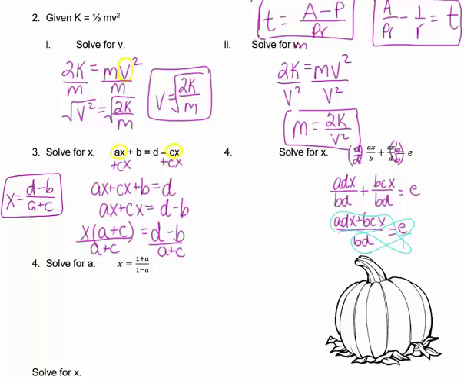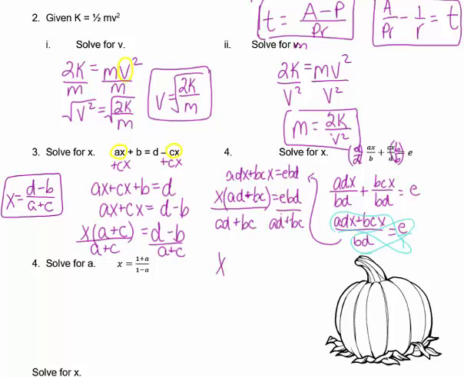So what am I going to get? I will get adx plus bcx equals ebd. Then I can simply factor the left-hand side, ad plus bc, and divide through by ad plus bc. So I finally get x equals ebd over ad plus bc.